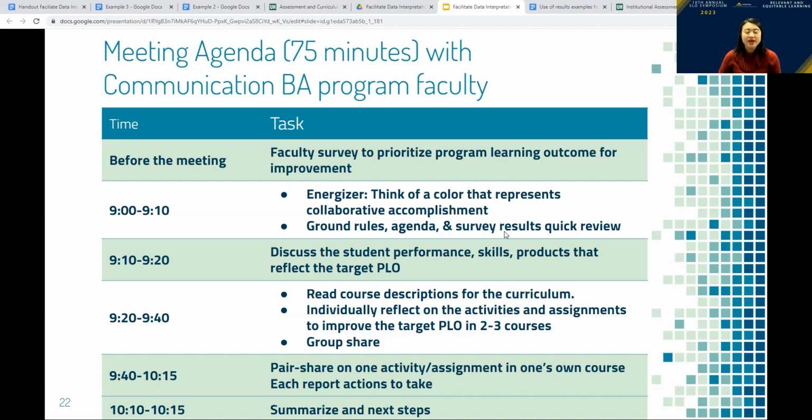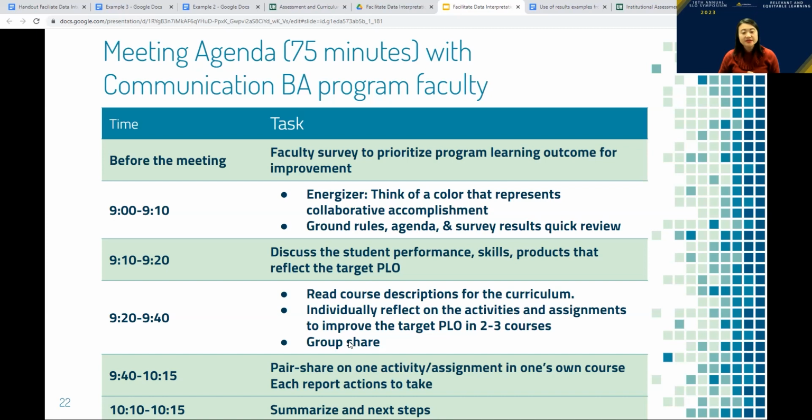After that, the faculty members read the course descriptions for every single required course in the curriculum. They reflected on the potential pedagogical activities and assignments that can be used in their own and other courses. So this is a moment they're thinking holistically at the program level about what can potentially happen, where learning opportunities might occur, either in their course or other courses.